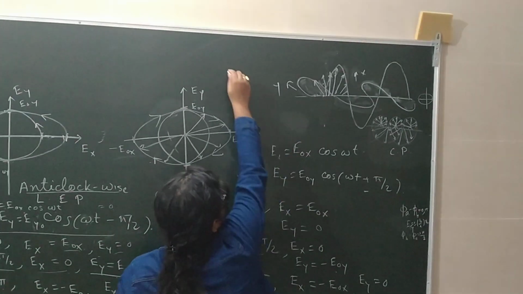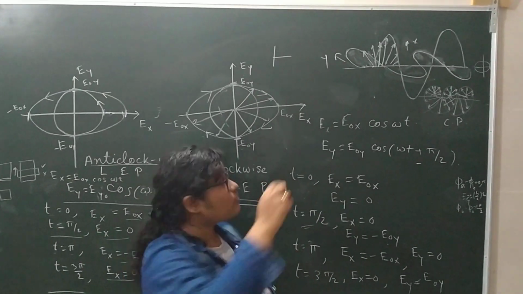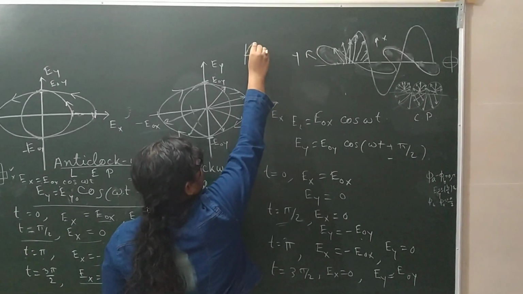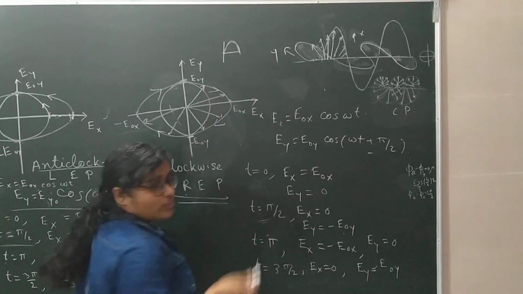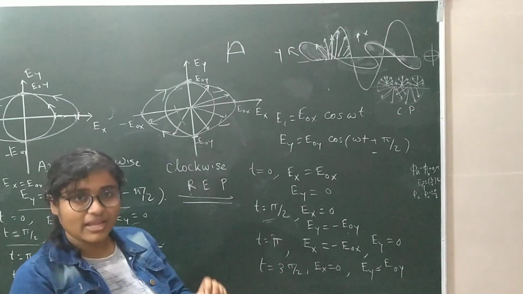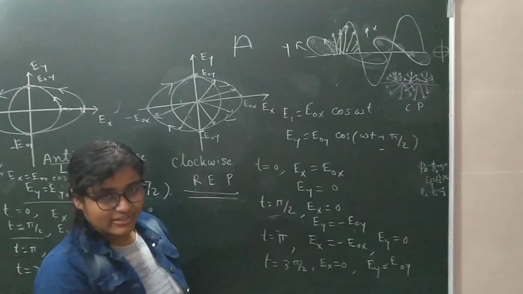If the waves are in phase, the maximum of one electric field vector coincides with the maximum of the other electric field vector. So both are in phase. But if the maximum of one wave is not at the same time as the maximum of the second wave, there will be some phase difference.